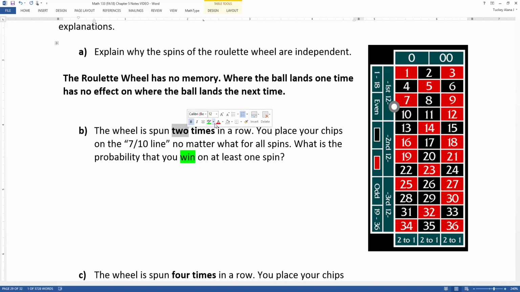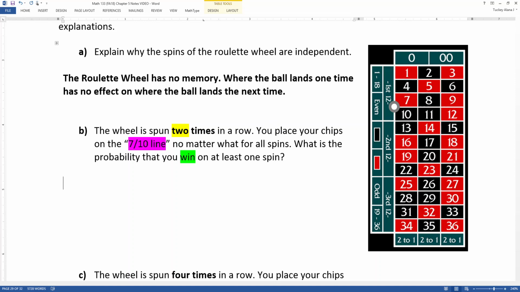Two is that this is the number 2, so we know that our n is going to be 2 trials. And three, we're talking about the 7-10 line, so we know what kind of bet we're placing. The 7-10 line is a line bet, which means you're betting on the 6 numbers that touch that line where that chip is at. So 7, 8, 9, 10, 11, 12.